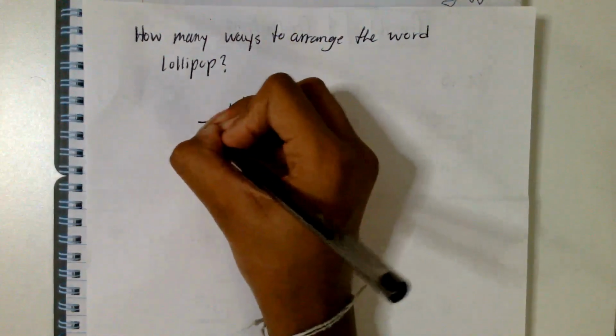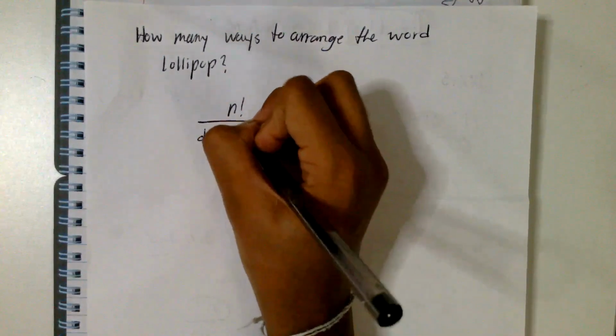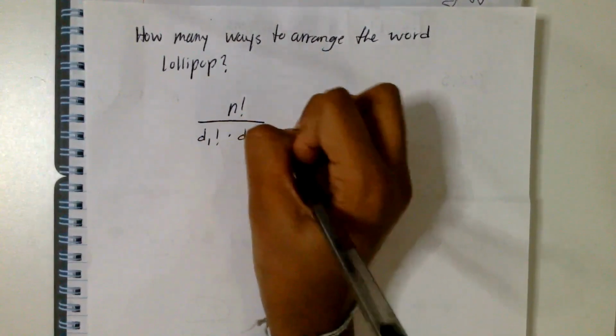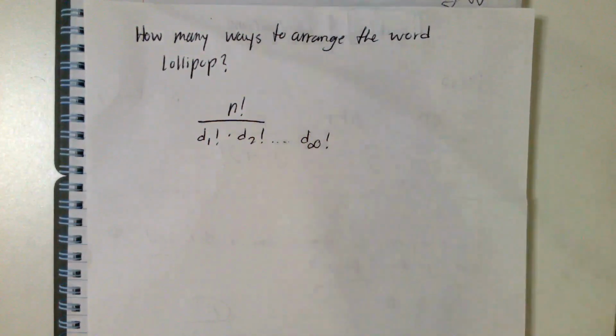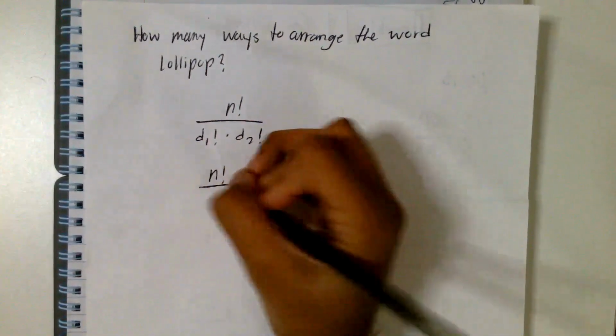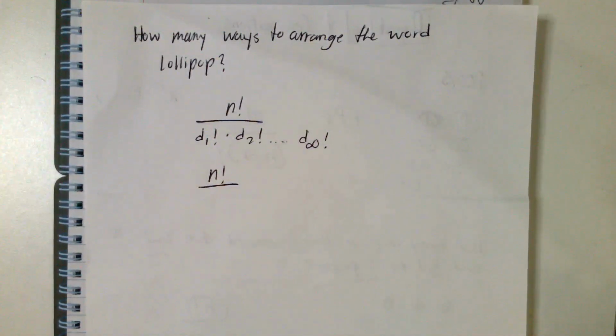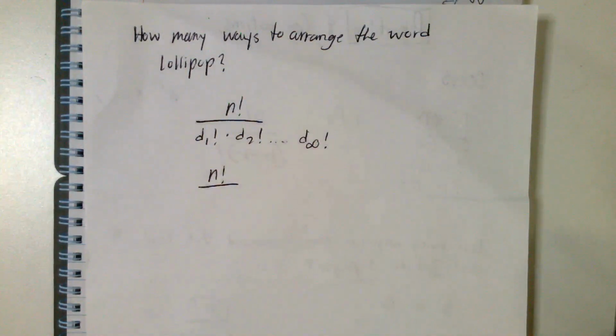So let's say D1 factorial times D2 factorial, all the way to Dn factorial. So how does this formula work, or what does it actually mean? Well, we know what N factorial means. That's just going to be the total number of letters. But what does this D mean? Well, D1 is going to be a letter that repeats multiple times. So we're doing this bottom part to remove repetitions, right?